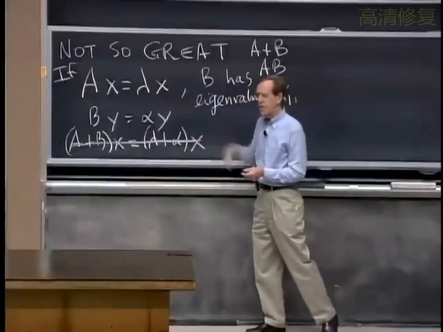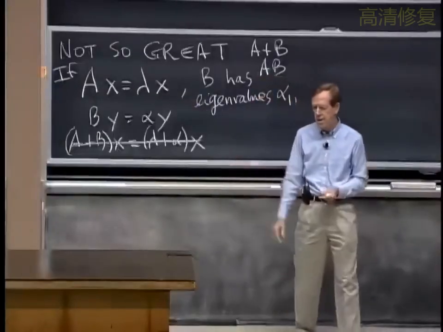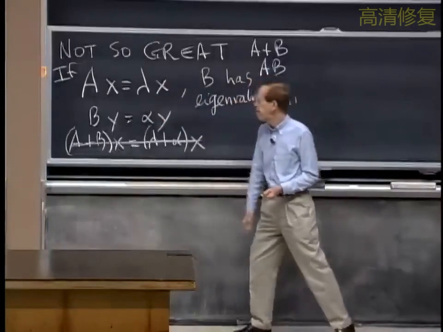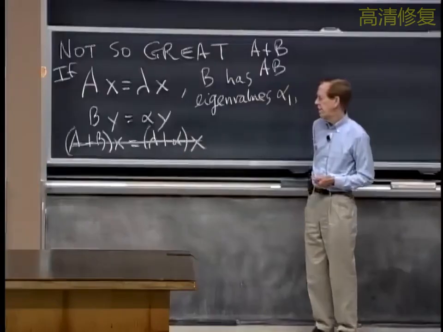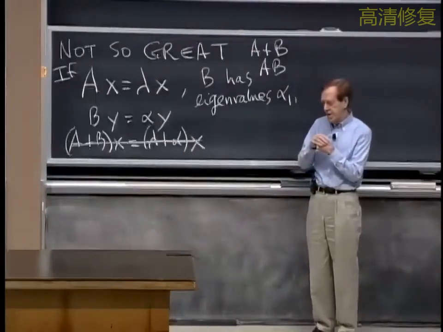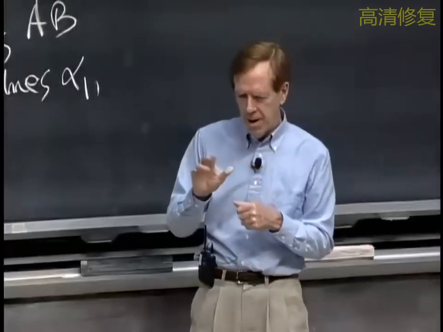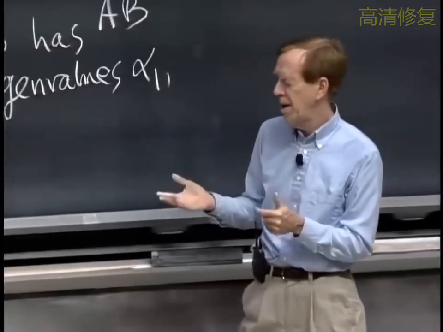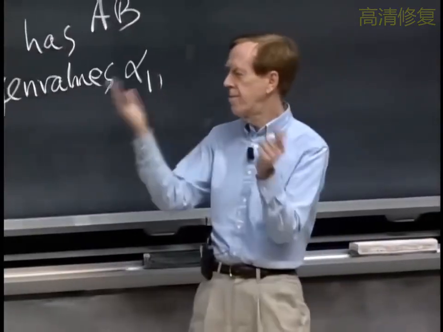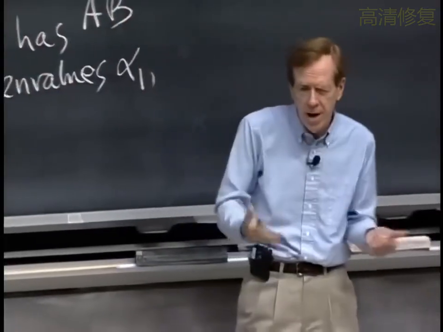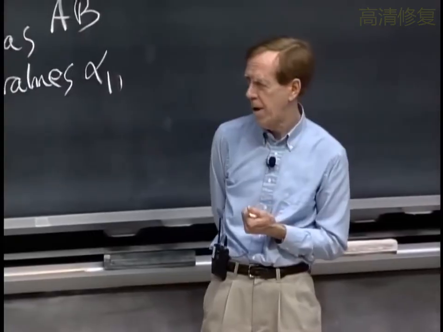Because eigenvectors are usually different, and there's just no way to find out what A plus B does to a vector. Okay, so that's like a caution. If B is a multiple of the identity, great. But if B is some general matrix, then for A plus B, you've got to solve the eigenvalue problem.